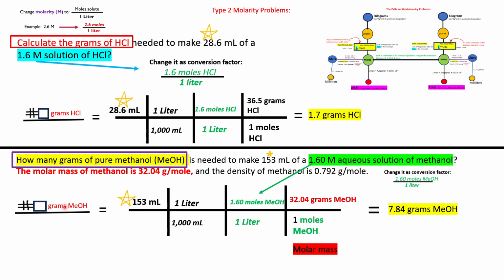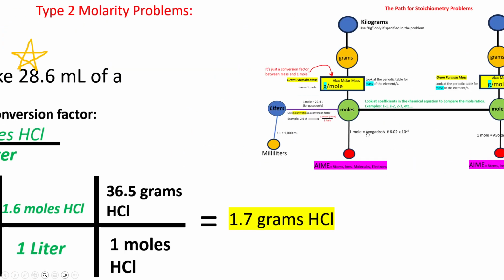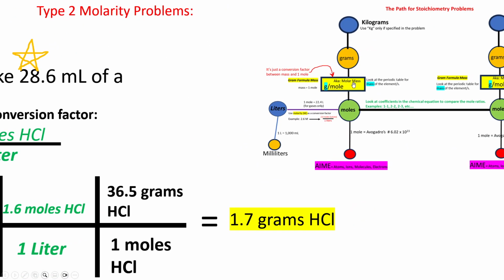The reason that you know in this particular example where you're going from what point to what point is because they want you to convert to grams, right? And they're giving you milliliters. So if you look here in your stoichiometry path, they want you to find grams. They're giving you a number that has to do with milliliters.